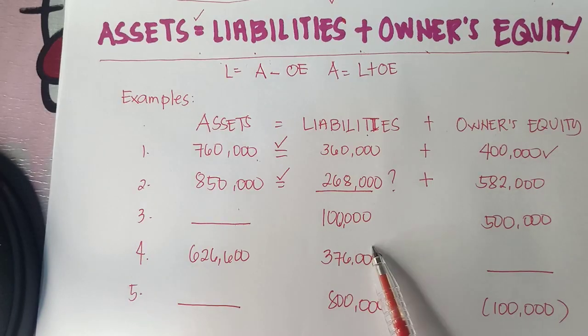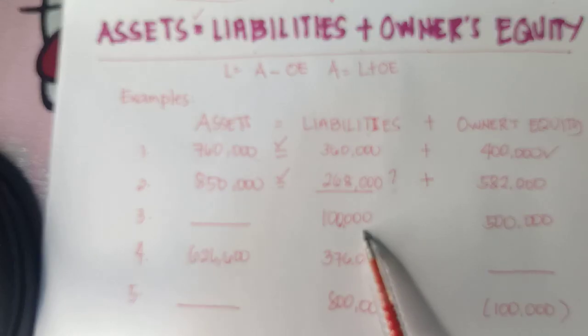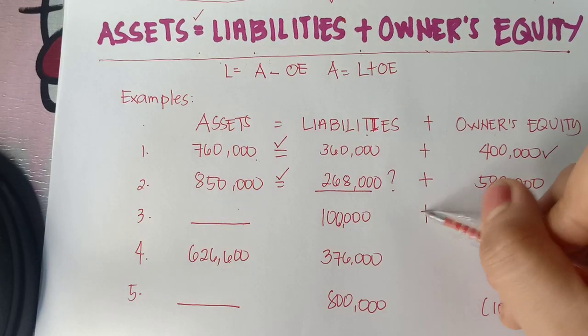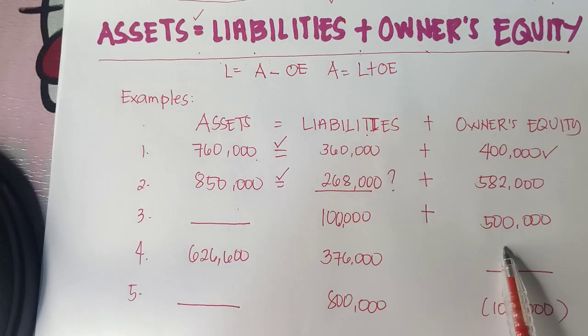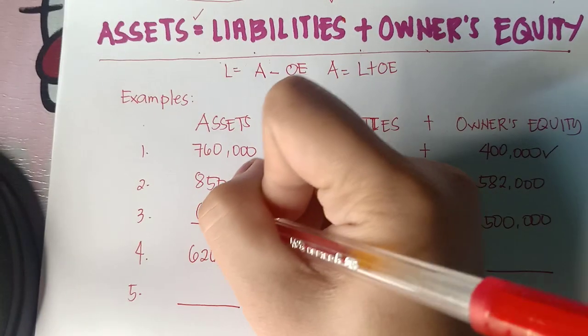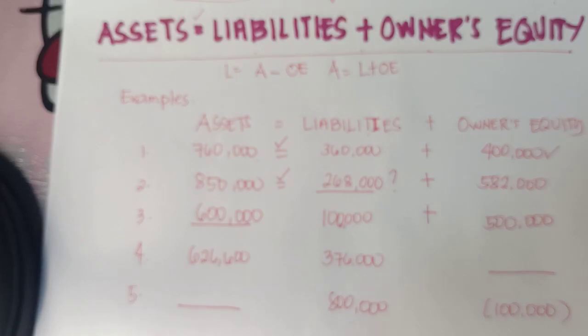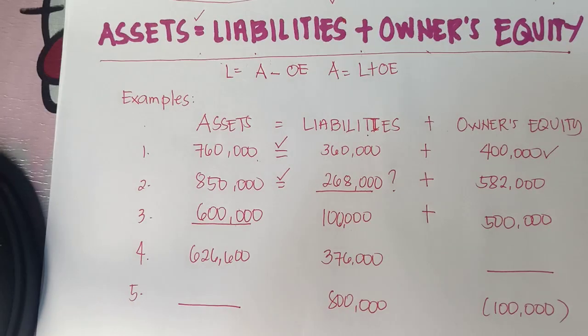So, we have to add the liabilities and owner's equity. 100,000 plus 500,000 is equal to 600,000. So, the total assets in example number 3 is 600,000. Is it balanced?